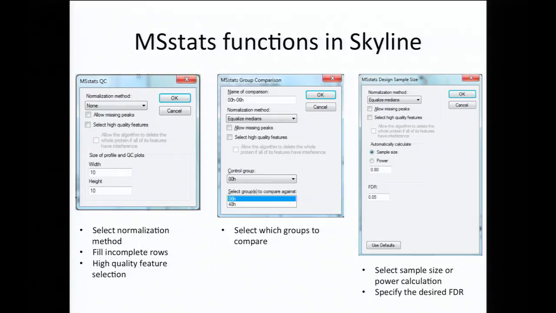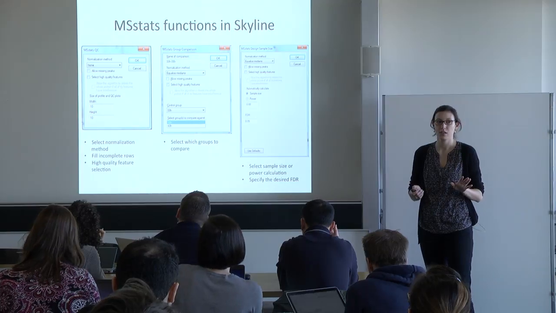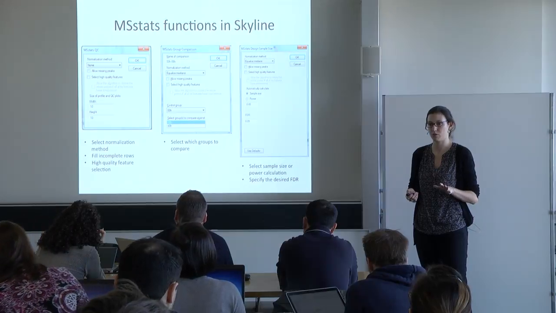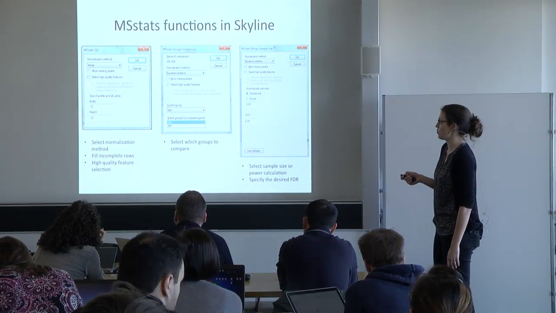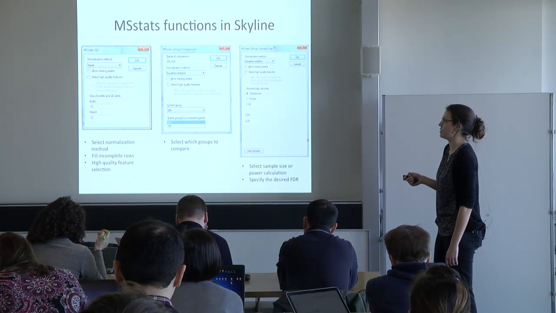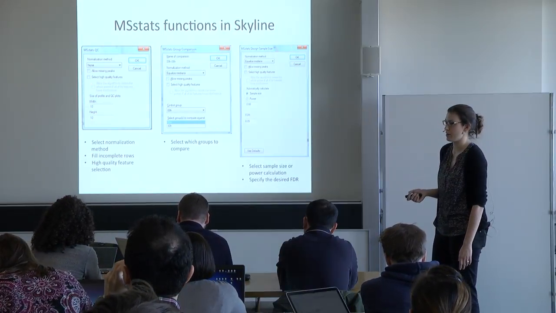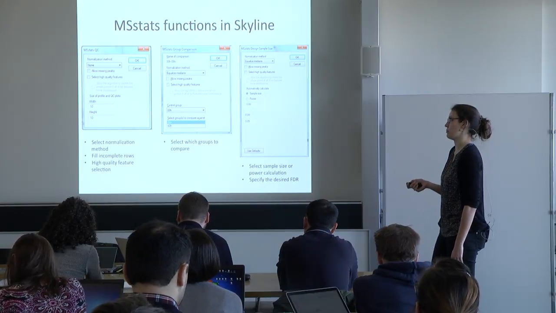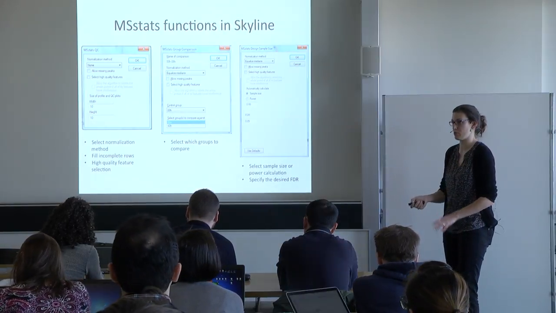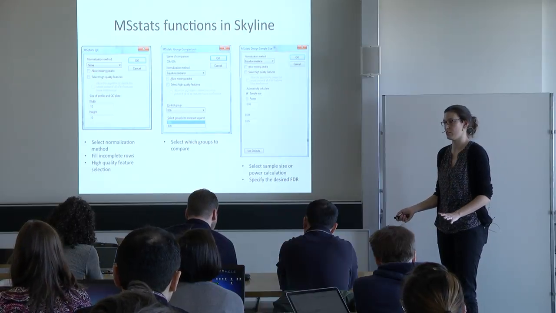In cases where you don't have any good features, a peptide and also an entire protein can be removed from the data set. So in case you want to allow MSstats to remove an entire protein from the analysis, you can also check this. However, this is only recommended for DIA data where you really have a lot of proteins measured, and so you don't lose the one specific one of your interest, right?